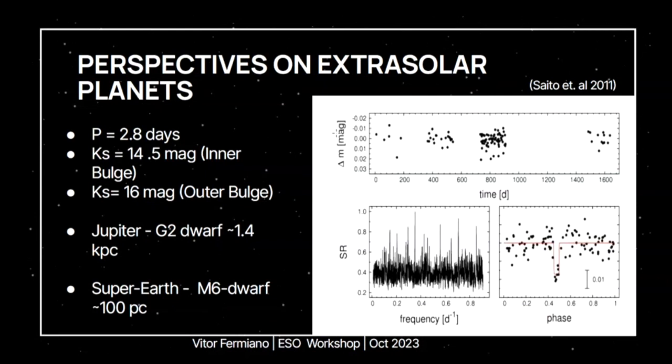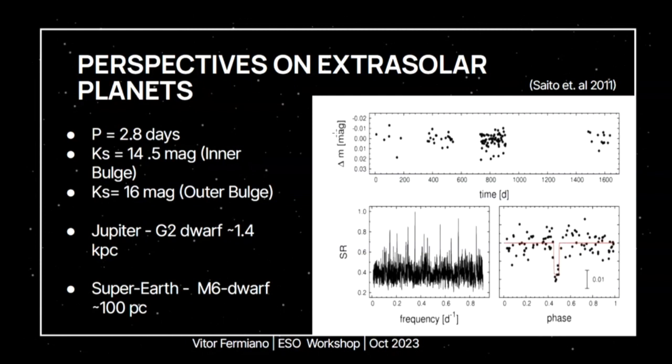Also, this simulation covers two options of exoplanets. It can be a Jupiter orbiting a G2 star at 1.4 kiloparsecs, or a super Earth orbiting an M6 dwarf 100 parsecs away. Here is the modified Julian date, and here is the phase folded curve.